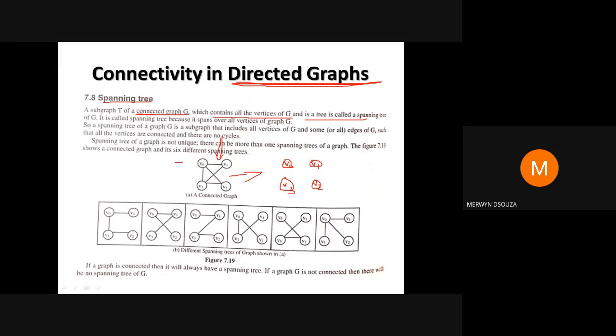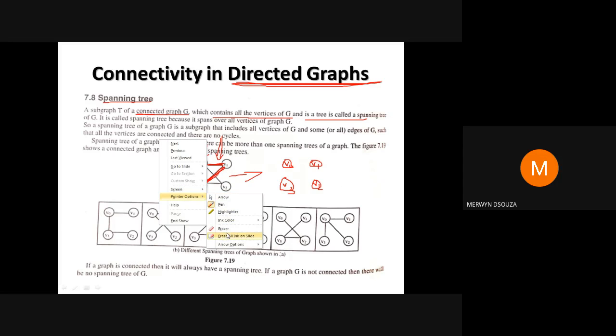For example, if I start from V0, then I go to V3, and from V3 I come to V1, and then I come back to V0. If I include all these 3 edges that I have made red, then this forms a cycle. I start from here and I'm able to come back to this vertex. So as long as it forms a cycle, it will not be a spanning tree.